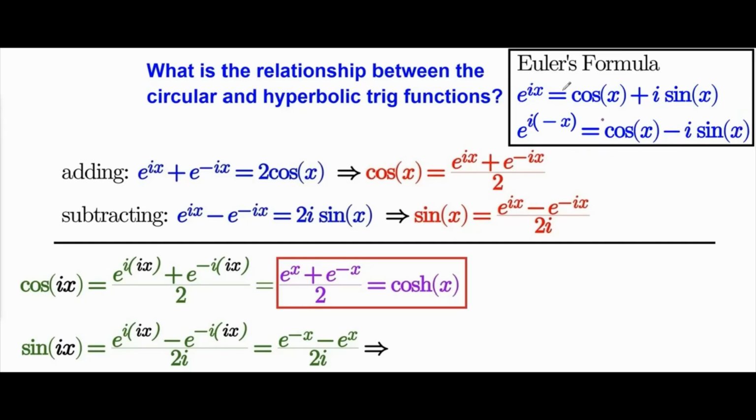But a cool thing that we can do is we can easily derive the complex definitions of cosine and sine just by adding and subtracting these from or with each other. So if we add, then we just get e to the ix plus e to the negative ix.